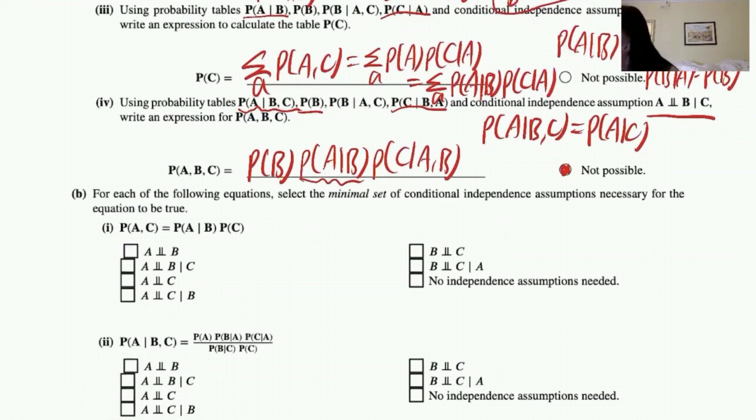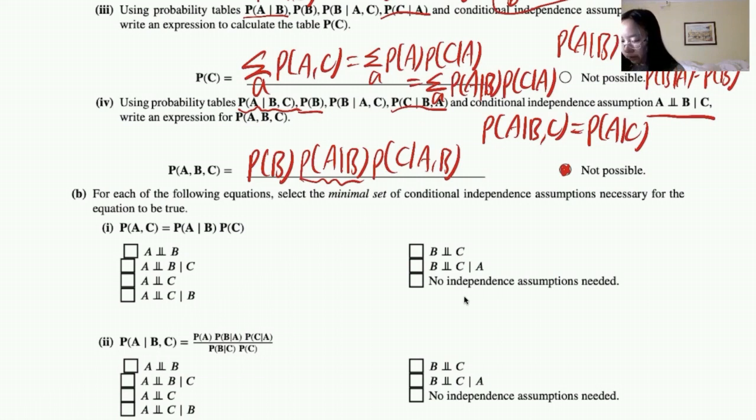Then for part B, it is asking to basically make the left and right hand sides equal. What is the minimum set of conditional independence we need to assume? So let's take a look at part I first.